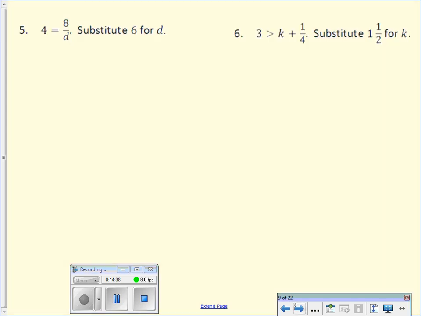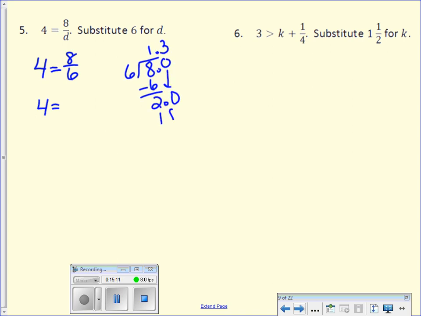Let's get one more done, number 5. So 4 equals 8 divided by 6. I need it to equal 4. What is 8 divided by 6? So it's going to start repeating.